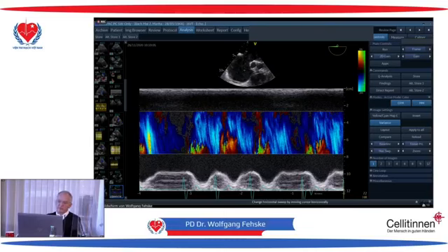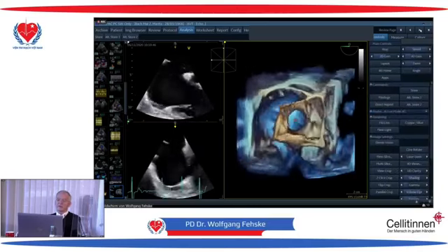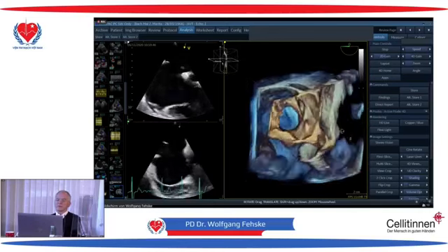This is typical for an ASD, and only in the isovolumetric phase, early contraction phase, there is a short right to left shunt. Okay, so we have no fear that this is a true Eisenmenger, and we go further. This is always the same, and then we have the ASD here in front of us.